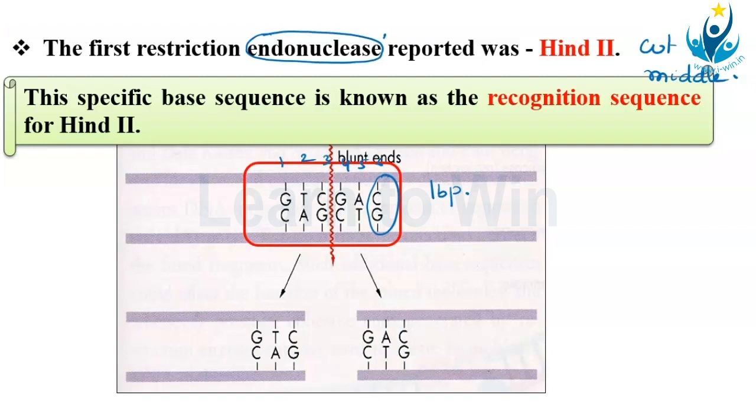Suppose in your classroom, you are given a specific bench and your name is written on that bench. You see, oh, I'm supposed to sit here, and you sit there. The same is the case for restriction enzymes. On the DNA, you will have specific recognition sites. Each recognition site is specific for an enzyme, literally like a bench with a name written on it. So that enzyme will go and cut there only. It will not go to another enzyme's recognition site.